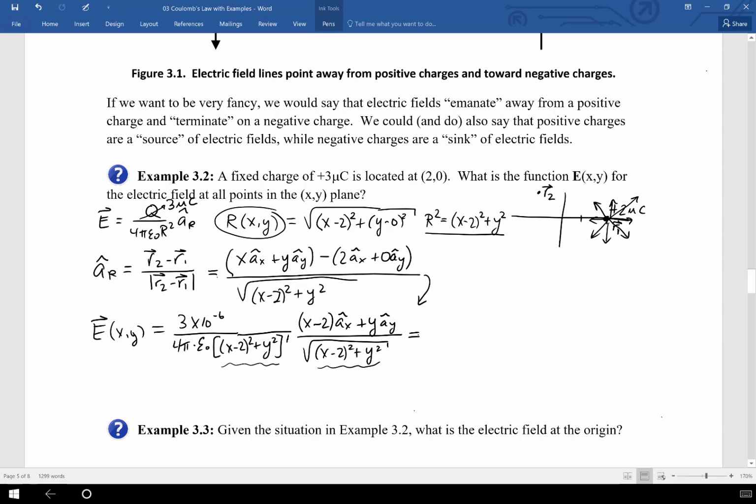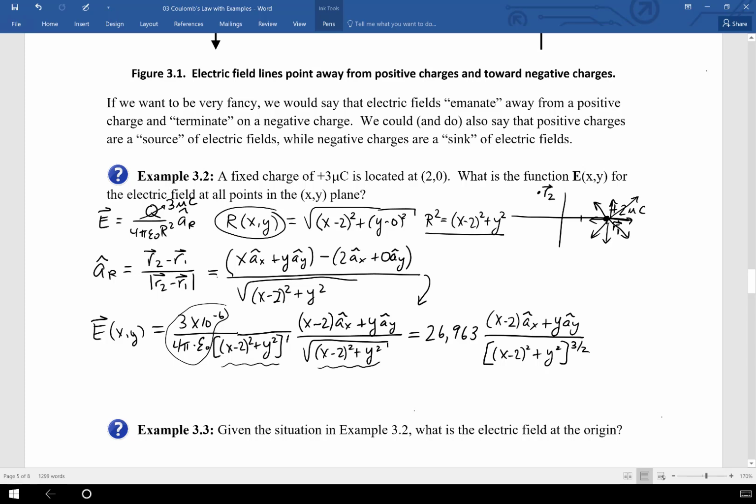So I'm going to go ahead and combine all of these constants together. All of these constants, when I multiply them together, give me 26,963. And then I'm going to have times (x minus 2) a sub x plus y a sub y, divided by (x minus 2) squared plus y squared, all to the 3/2 power.